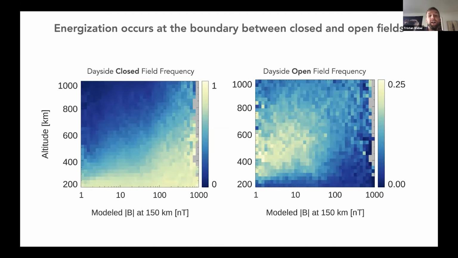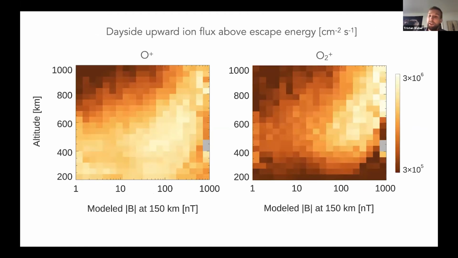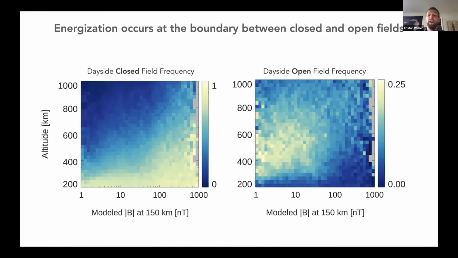But if you'll remember from the previous slides, where we had this energization of particles and many ions traveling upwards with escape energy was in this region of the parameter space where we are transitioning away from closed fields towards open fields. And so we probably have some of these particles on open fields that can escape, and some of them on closed fields that maybe will not be able to escape.